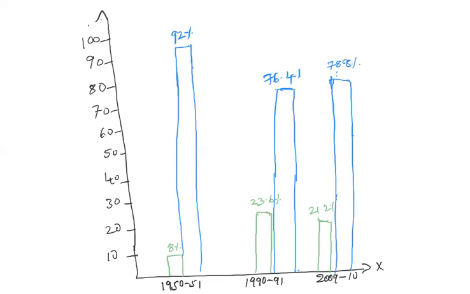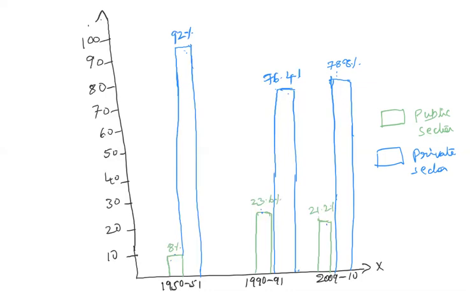Okay, so public sector, this is private sector. When you look at the diagram, you can see how the share of private sector decreased from 92% and again started increasing, and how the public sector increased from 8% to 23% and then again started decreasing.